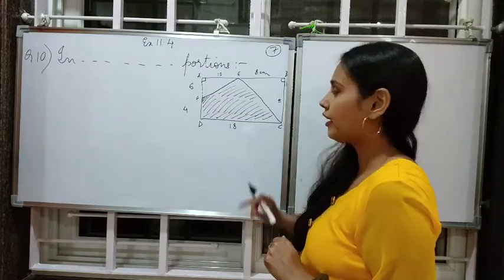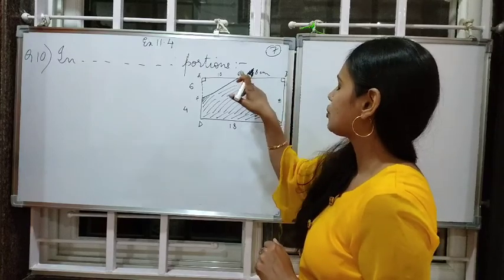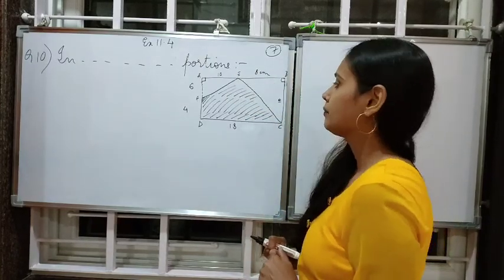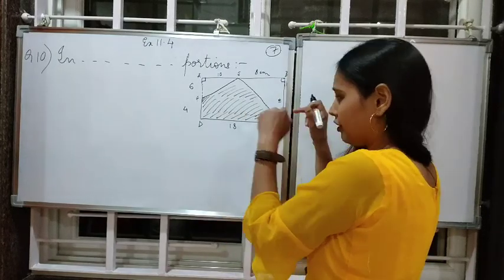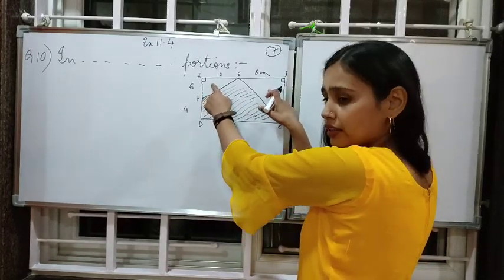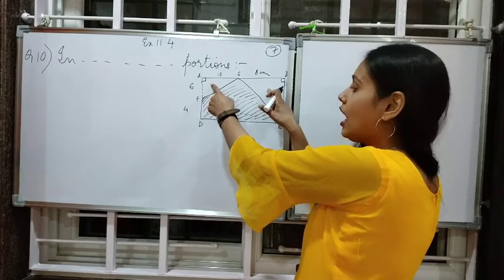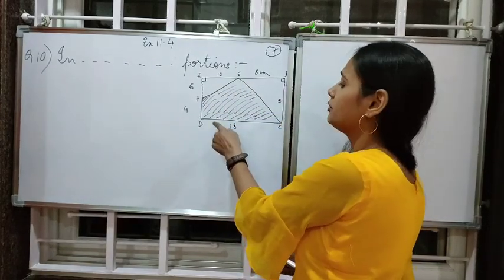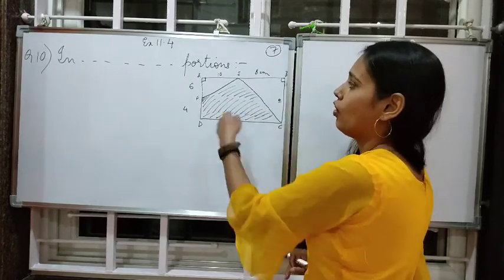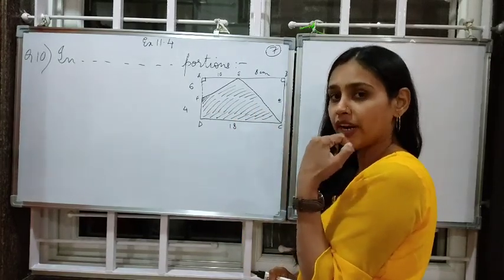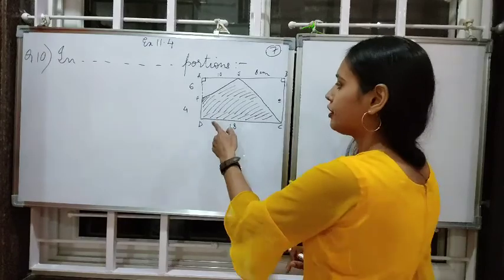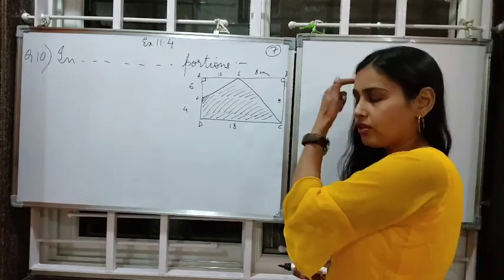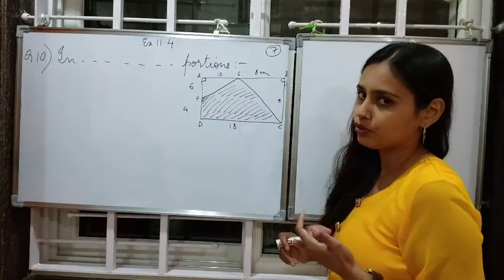Then we find the area of triangle EBC, half base into height. And we do the total area of these two triangles, and then subtract it from the total area of the rectangle. Okay, then what is left? Only this shaded portion. Okay, so understood? We have to do only that much.